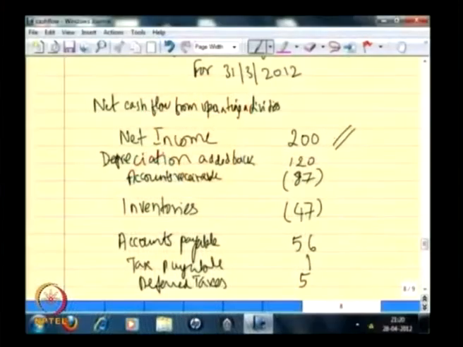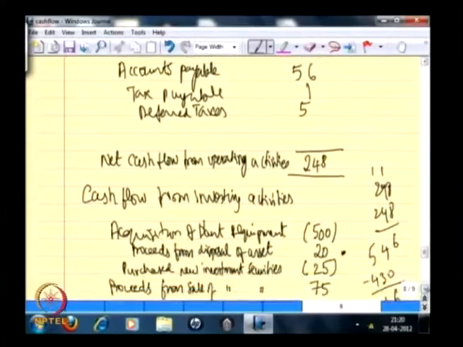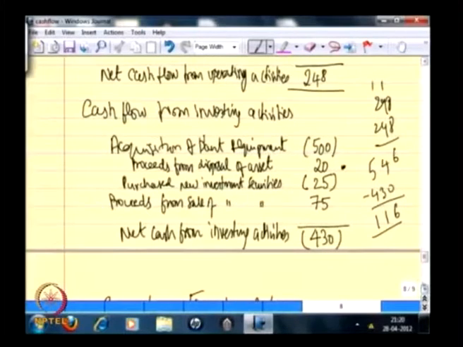So, in effect what it means is that this 200,000 net income is a result of all the revenues minus all the expenses, and by all the revenues I mean this 20,000 is also included in those revenues, and hence adding this 20,000 again in the cash flow statement amounts to double counting, because we have already accommodated that in our income statement.